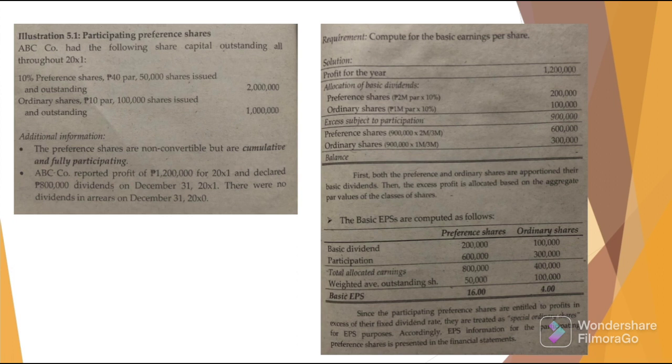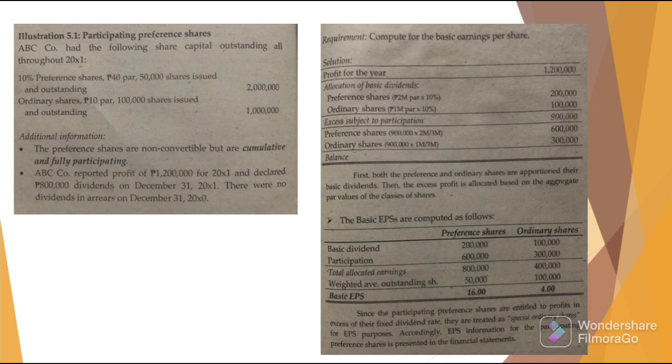The first one is, kailangan muna natin kunin yung profit for the year, which is 1.2 million na given doon sa may additional information natin during 2021. Tapos, yung preference shares for the basic dividends, makukuha lang siya kapag yung 2 million na par, which is given din dun sa may example, sa may problem natin, ito times siya sa 10% na given.